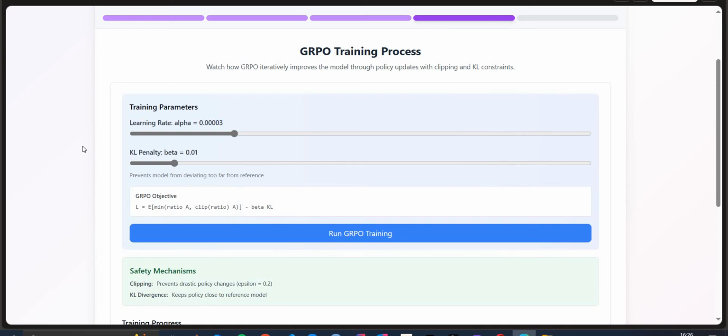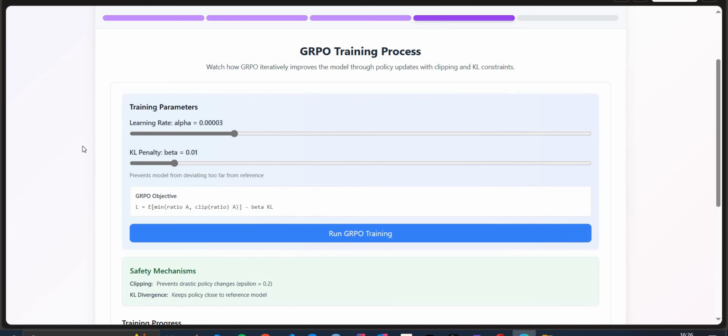The learning rate alpha equals 0.00003 and controls how big each update step is during training. If it is too large, the model might overshoot and lose stability. If it is too small, training becomes slow. So we use a small value here to keep progress steady and controlled.